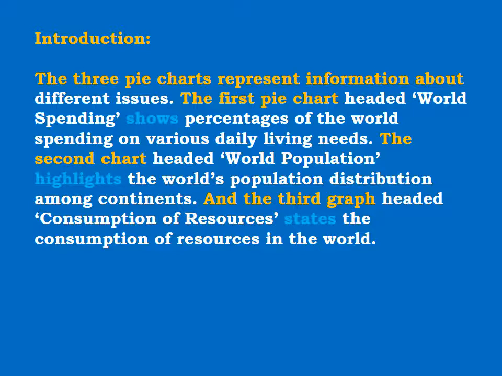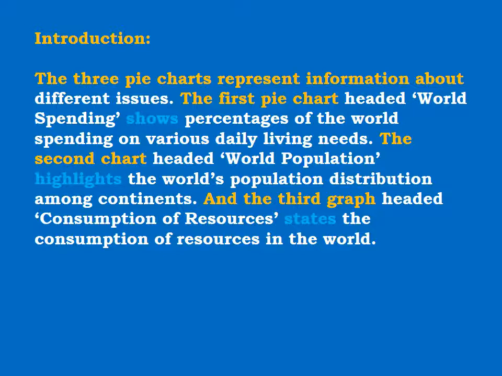You remember we had three pie charts, and each pie chart was entitled something. The first pie chart, headed world spending. And this pie chart shows, you see, now he is talking about each pie chart by itself, as if we are describing only one pie chart.